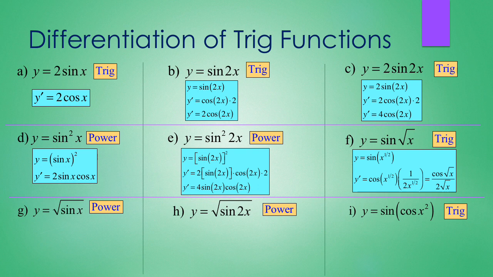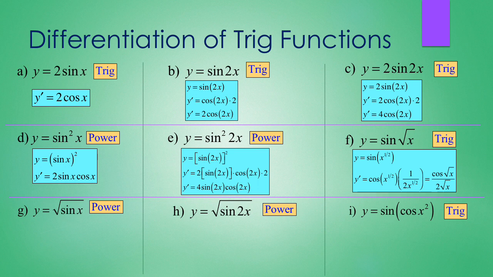E reads y equals sine squared of 2x. This is where things start to get a little tricky. The best way of doing this is writing this with parentheses and brackets. So y is equal to the expression sine of 2x, quantity squared. This is clearly a power rule. So to take the derivative, the 2 comes in front.